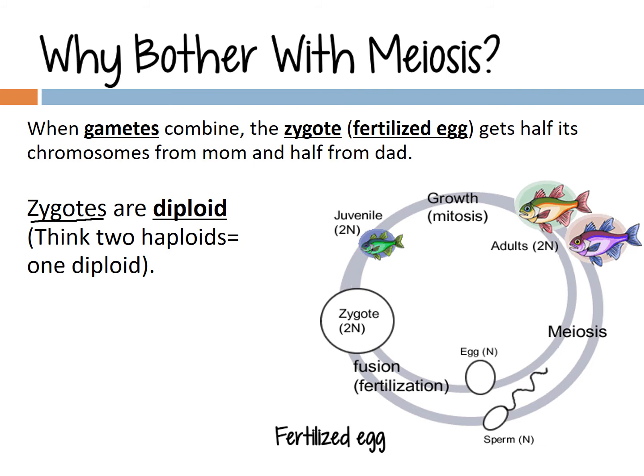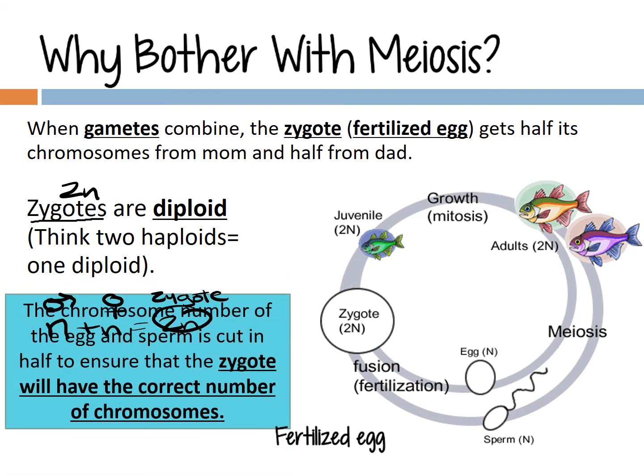So zygotes are 2N because you have 2 haploids. We have dad and we have mom. They're both N, and that equals 2N for your zygote, which is your fertilized egg.